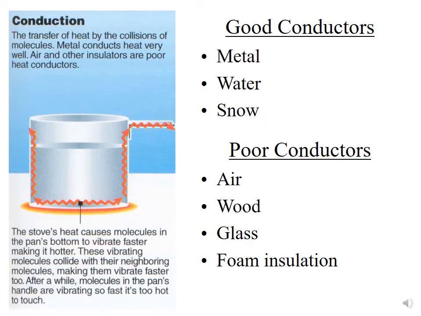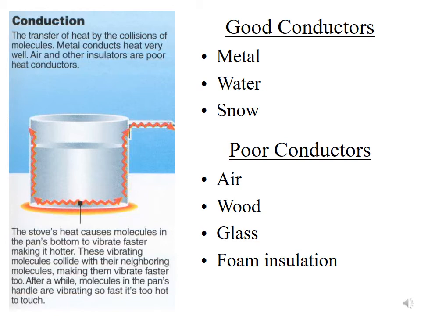Conduction, by contrast, is the transfer of heat energy through direct physical contact. So in this example, we have this pot which is sitting on a hot plate, and the direct physical contact between that hot plate and the pot is transferring energy from the hot surface towards the cold surface. Now, not all objects or substances are good at transferring energy through this mechanism.